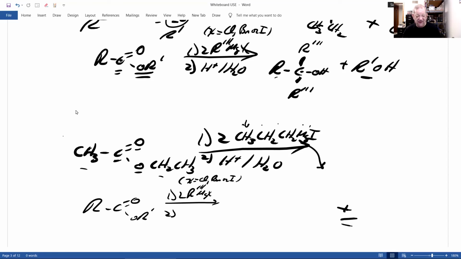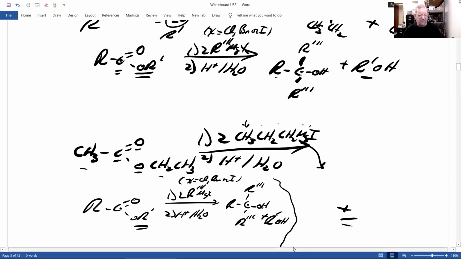And second step, acid and water. And what you get, keep your eye on the carbonyl carbon, is you make not one, but two carbon-carbon single bonds to that. And this opens up to an alcohol. And then this part gives you the second alcohol. Then let me sort of give myself some room here.